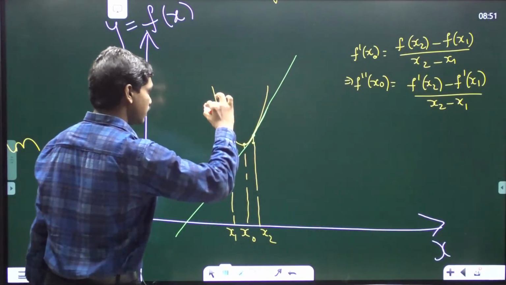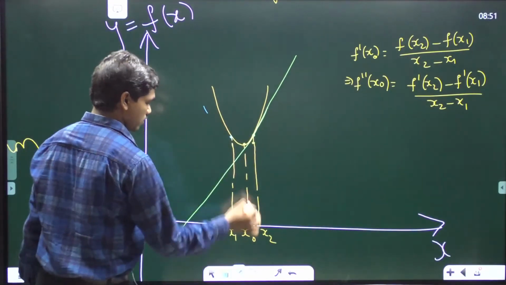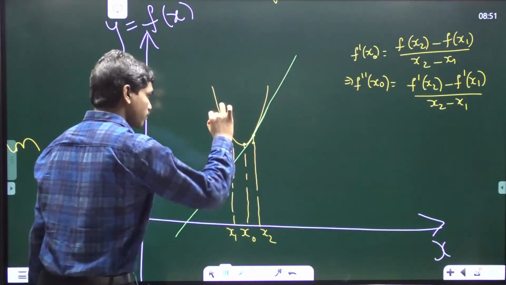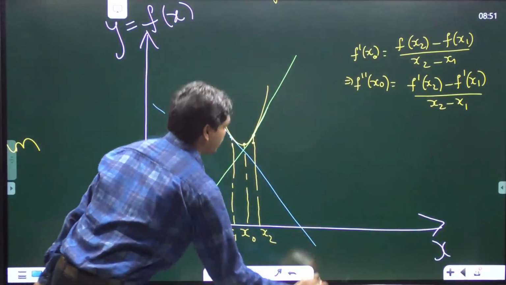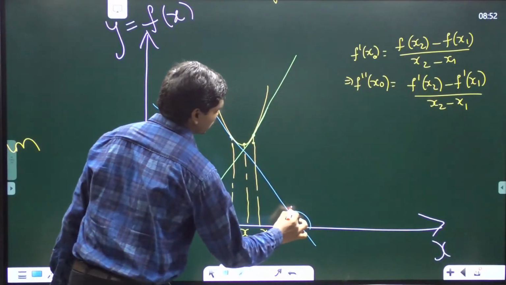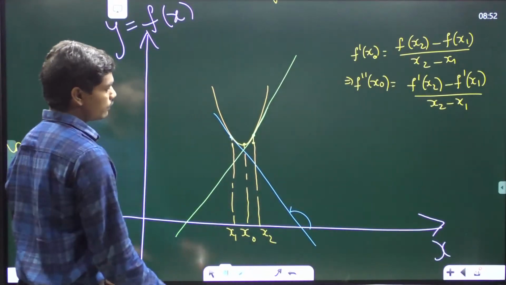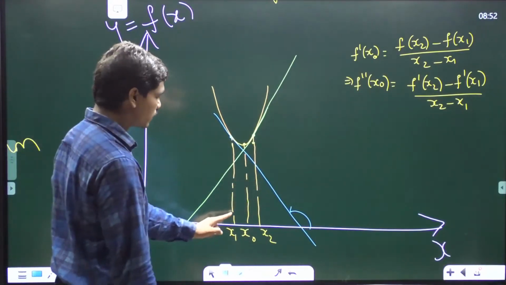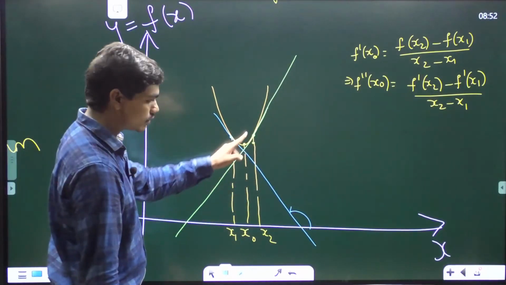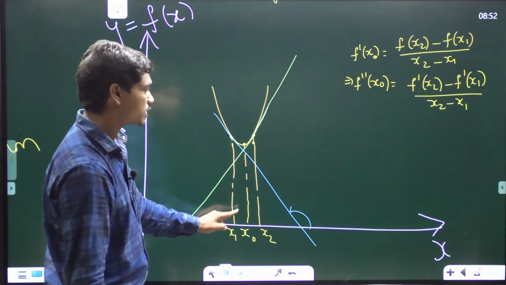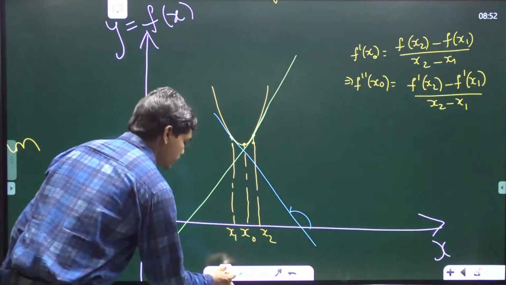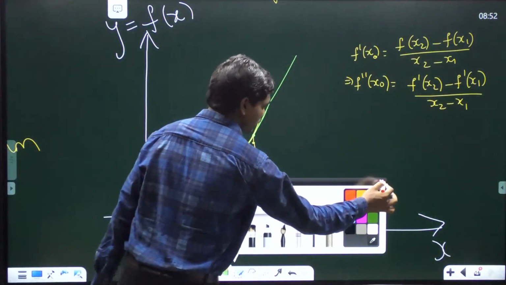Now this is how the tangent at this point looks, something like this. So this blue line is a tangent for the function at x equal to x1, and this green line is a tangent for the function at x equal to x2. Let me write the data also in the same color.